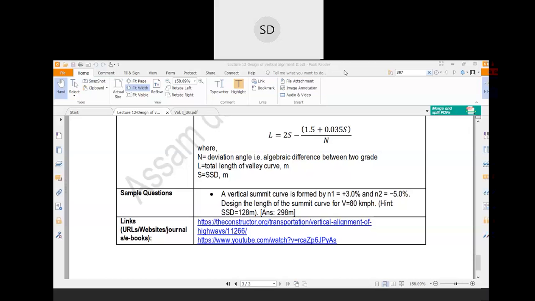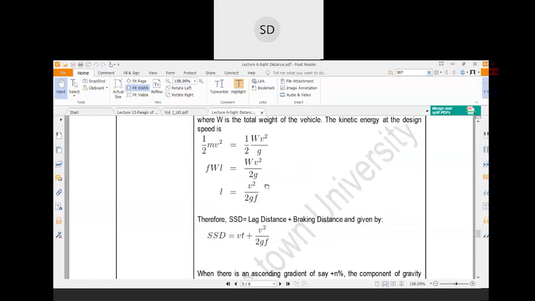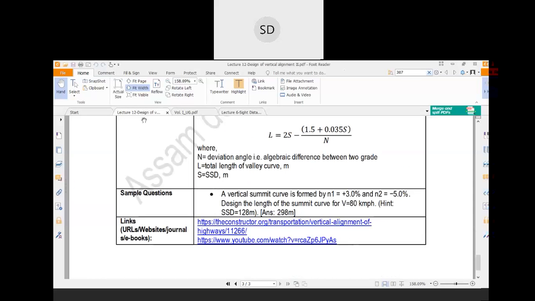Now please calculate the stopping sight distance.